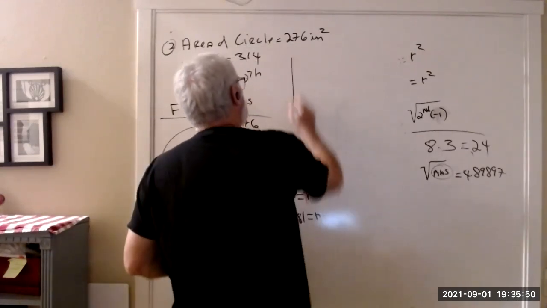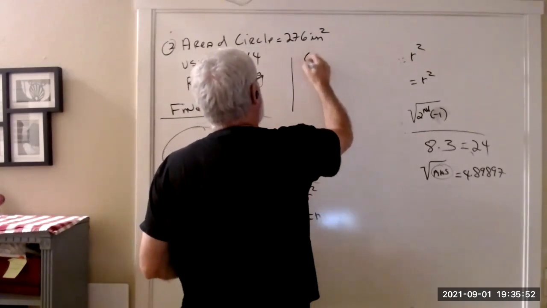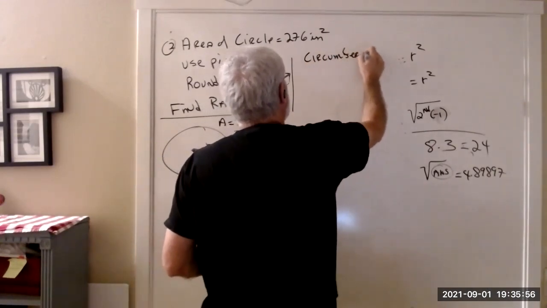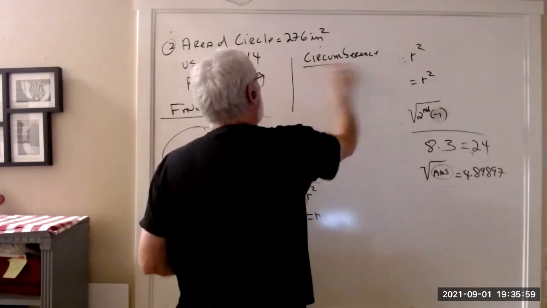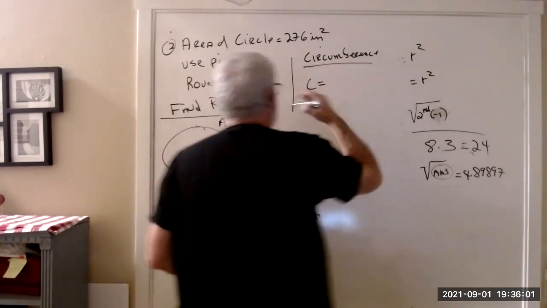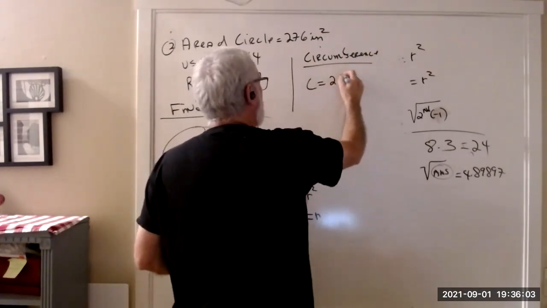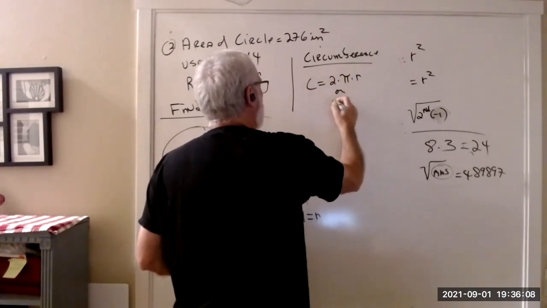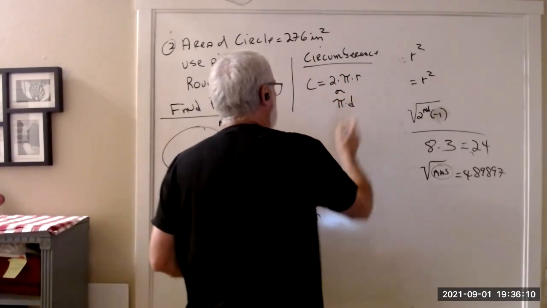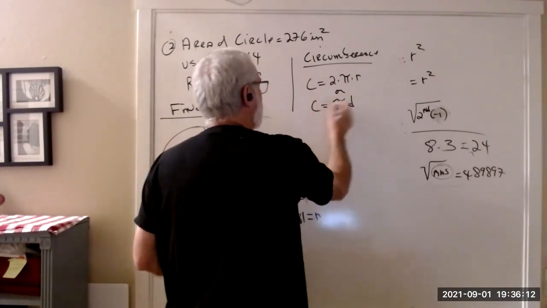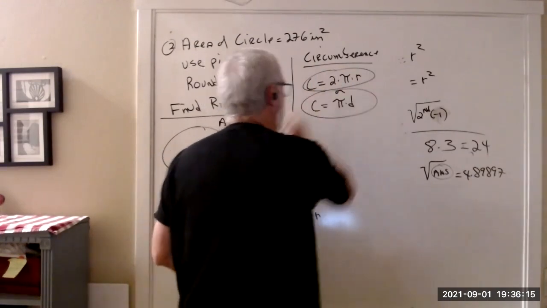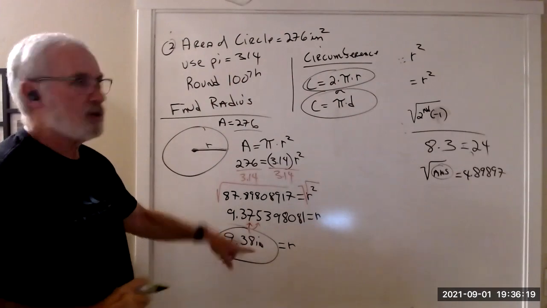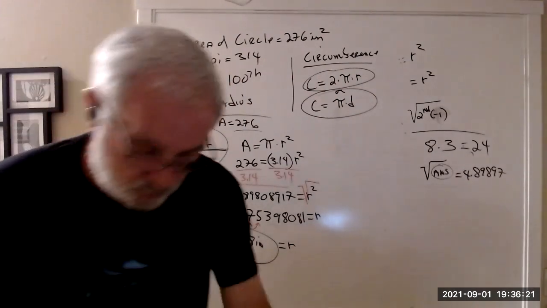So our formula for circumference is C equals, we have two of them, 2 times pi times r, 2 pi r, or pi times d. Those are the same. However, we have the r.